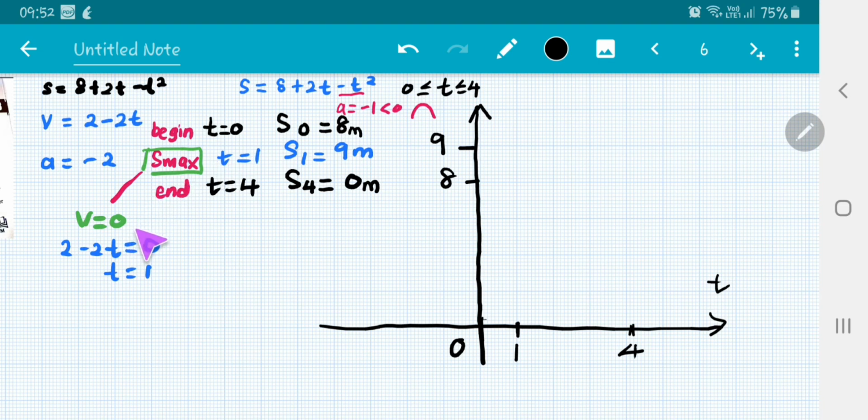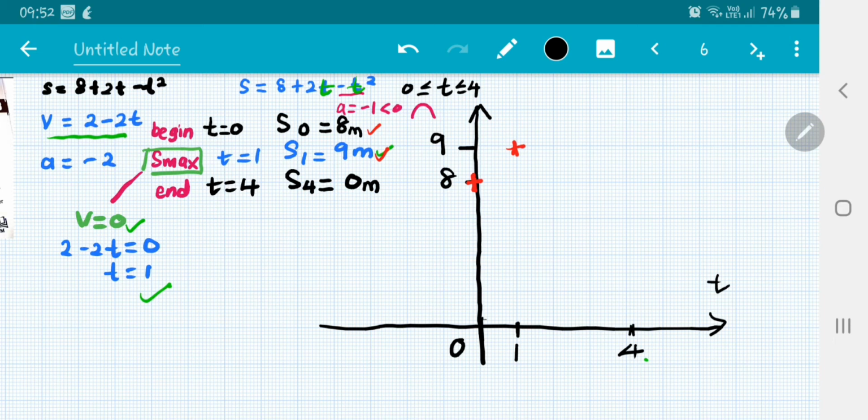S is maximum when v equals 0. The v function is 2 - 2t, so when v equals 0 you will get t = 1 second. At 1 second, s is maximum. So you find s at 1, put in t as 1, and finally you will get 9 meters. So now we plot (0, 8), here (1, 9), and (4, 0) here.